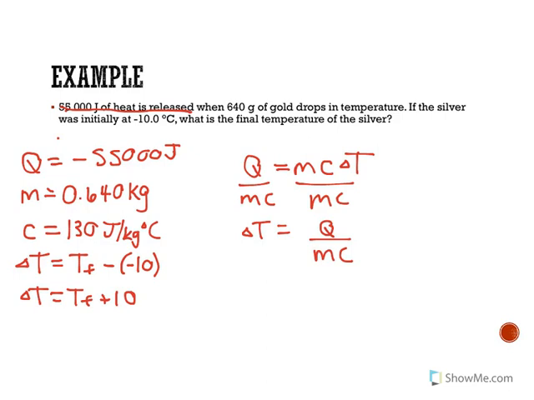And then plugging in our value, so remember here, TF plus 10 has to completely go in for delta T.